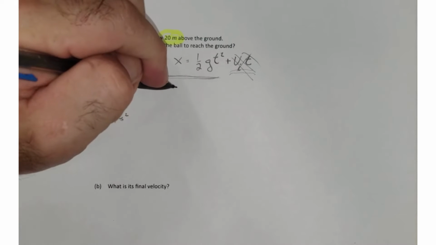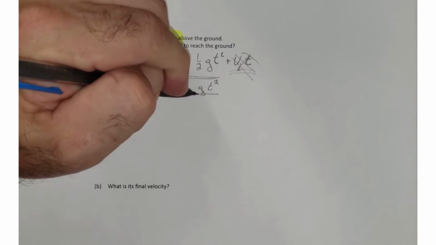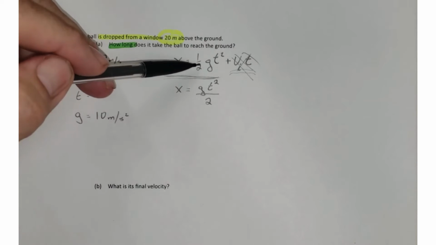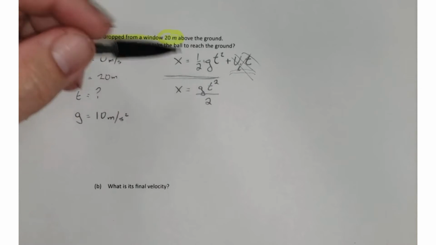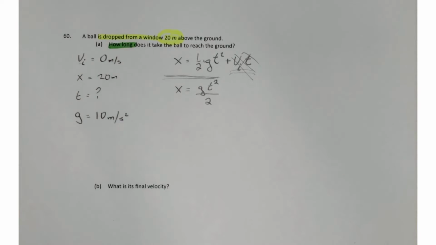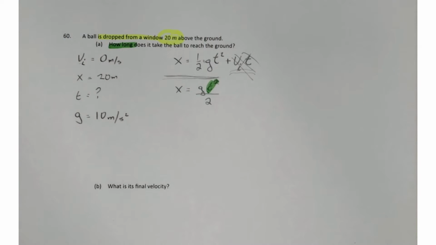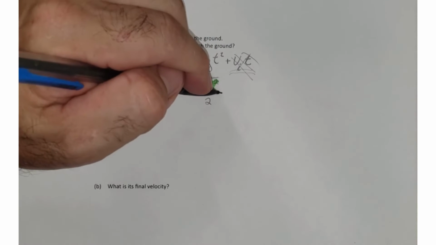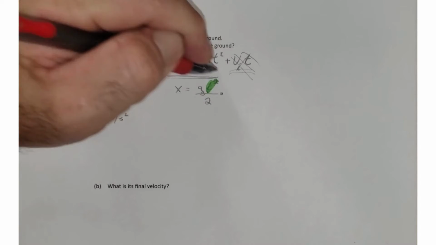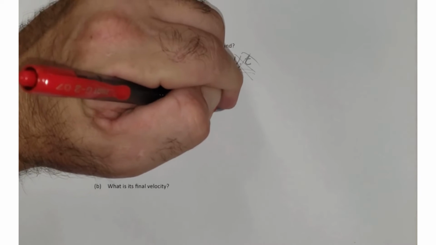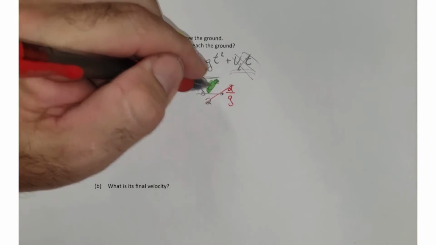So let me rewrite that. We have x equals g t squared over 2, because remember, 1/2 times anything is the same as that divided by 2. If we want to isolate t, we can multiply by 2 over g. That cancels out the 2 on this side, and that cancels out the g as well.